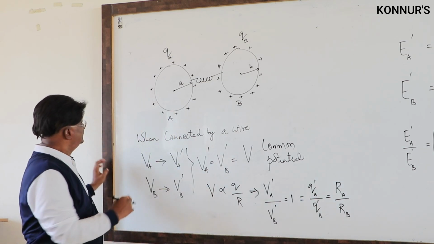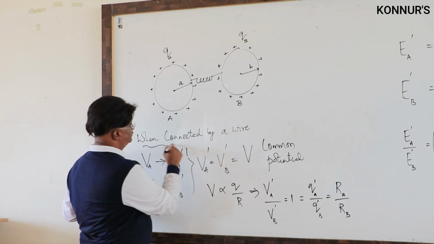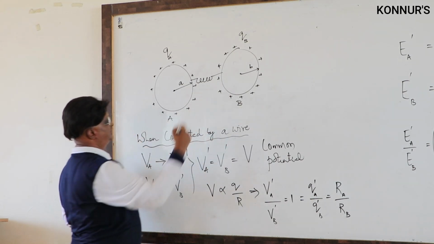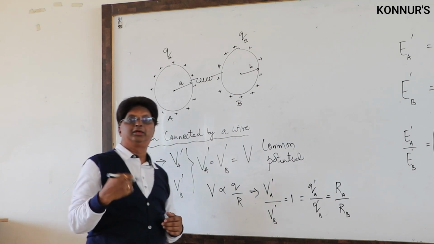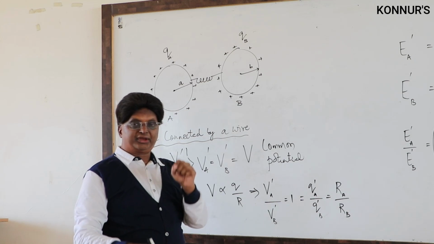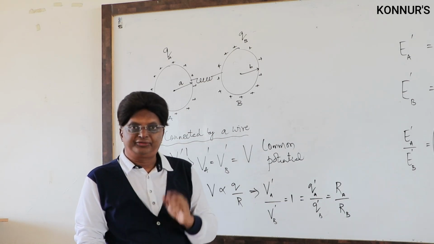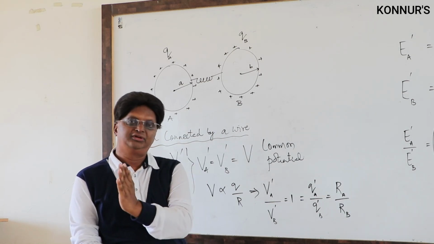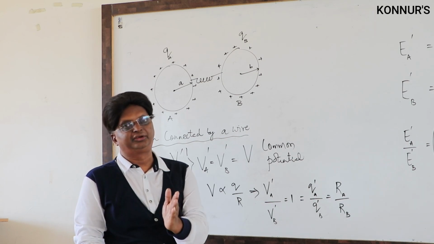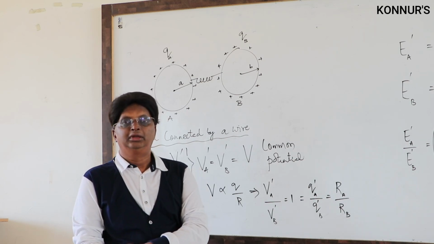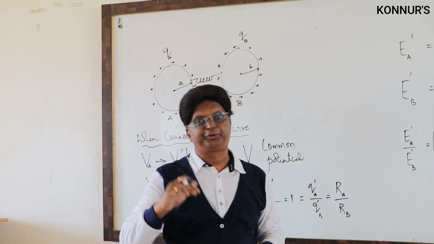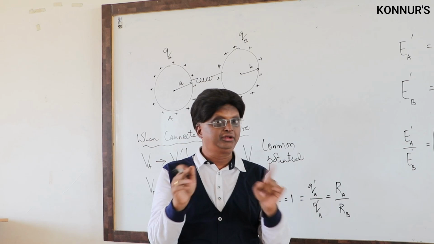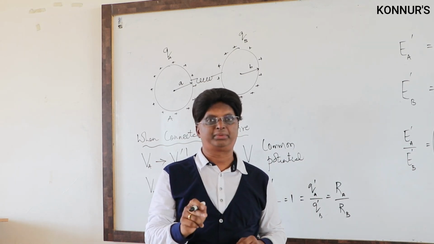Now here, when conducting shells are connected by a wire, what happens? Earlier we have told, potential is such a term in electrostatics that determines the flow of charges from higher potential to lower potential, similar to what we did in thermodynamics, from higher temperature to lower temperature until both acquire a common temperature.